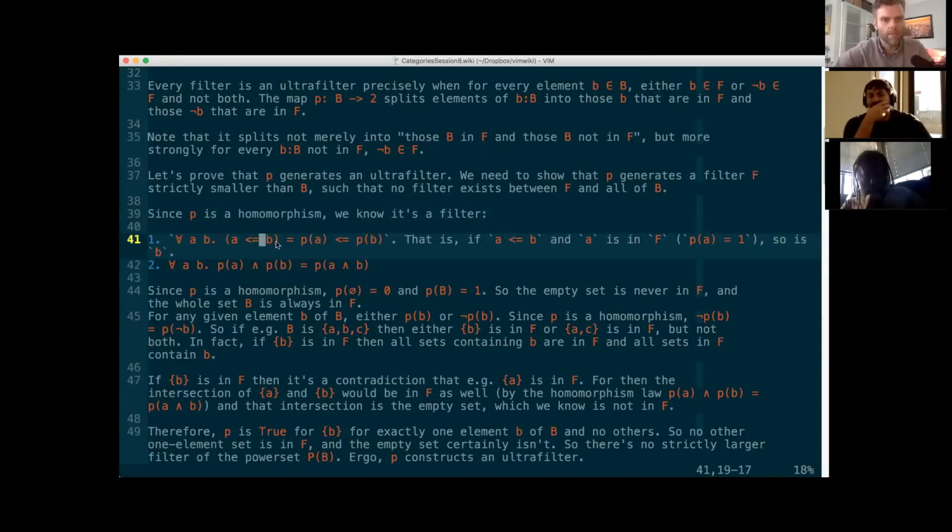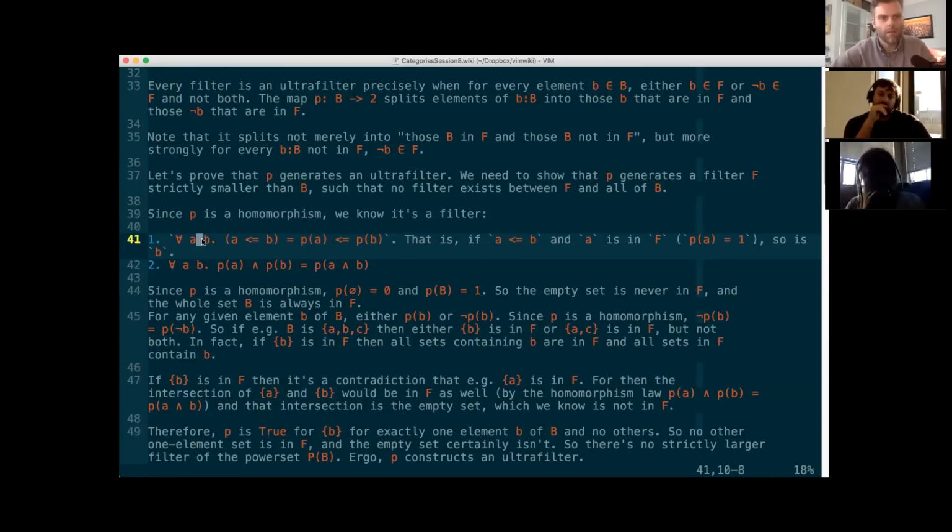So if A is less than B in the original set, then P of A is less than or equal to P of B. That is, if A is in F, that is P of A is equal to 1, then so is B. Because if P of A is 1 and P of A is less than or equal to P of B, then P of B is definitely not 0, because 0 is not greater than 1, right?